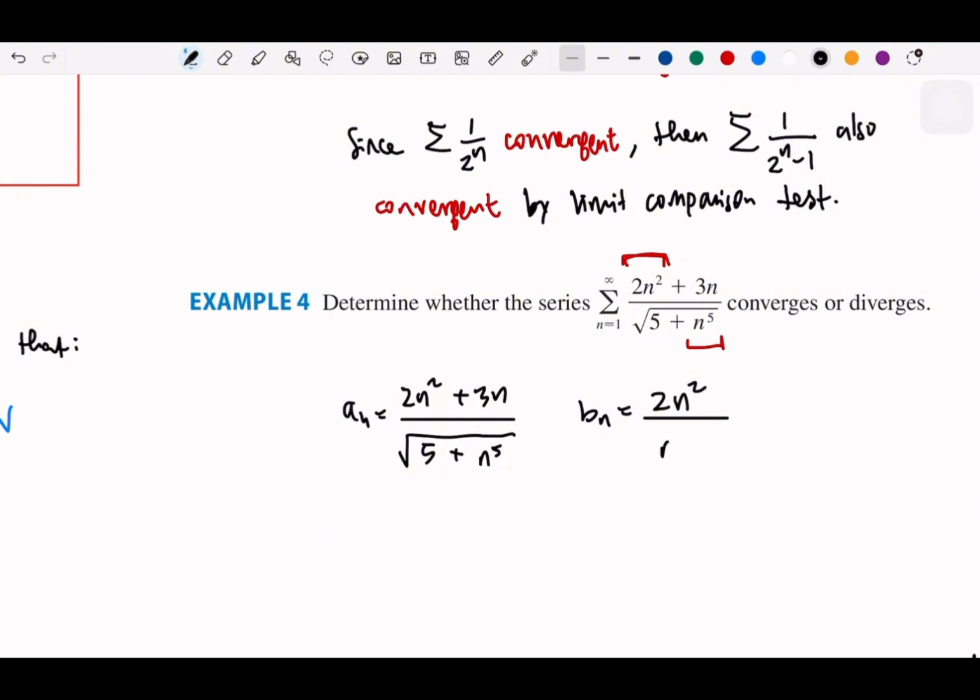So n will be power with 5 over 2. And we can simplify this.